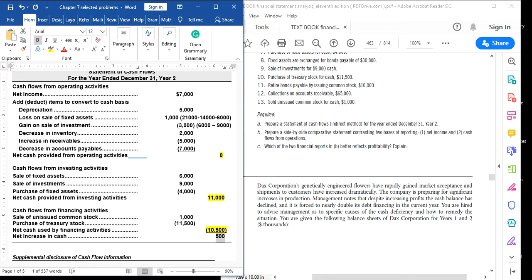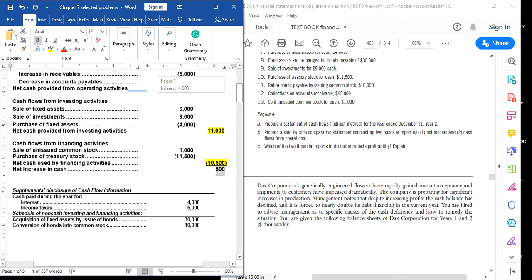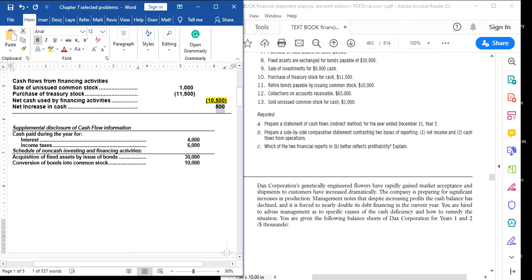I'll move to the second part, B. Prepare, and there are some supplementary disclosures also over here. Interest and income tax for 10,000. These have been paid during those periods. But we have included them somewhere.